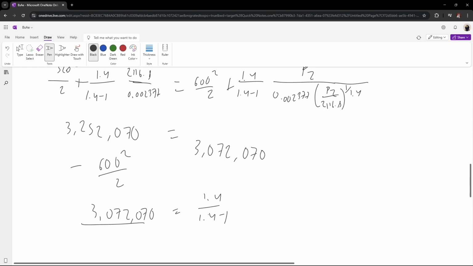Now we can divide that. The 1.4 minus 1 cancels.